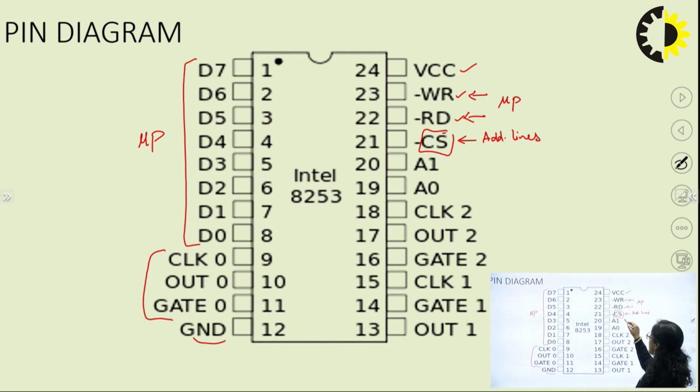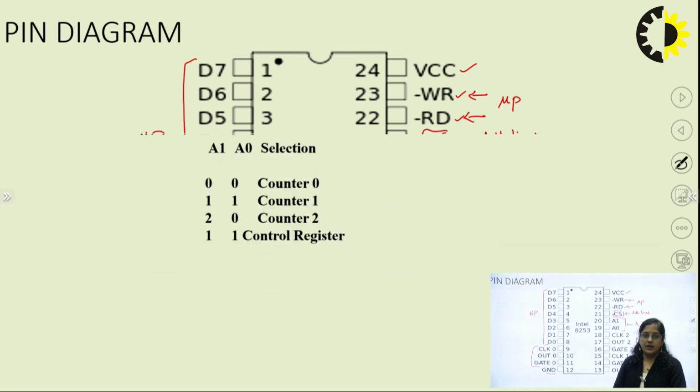A1 and A0 are connected with the A1 and A0 address lines of the microprocessor. Pins 18, 17 and 16 are the 3 for counter 2, and 15, 14 and 13 are for counter 1. So this is the 24 pin IC of our 8253.